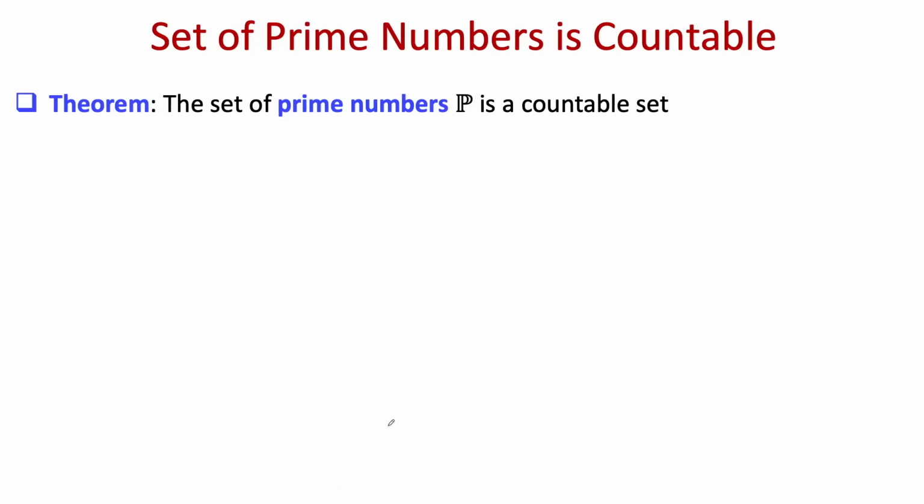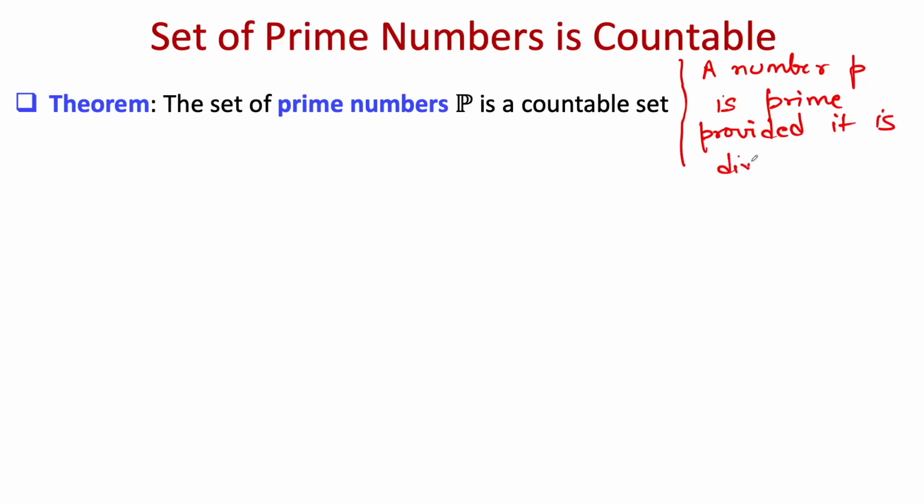Next, let's consider the set of prime numbers. For those who don't know what a prime number is, a number p is prime provided it is divisible by only 1 and p.